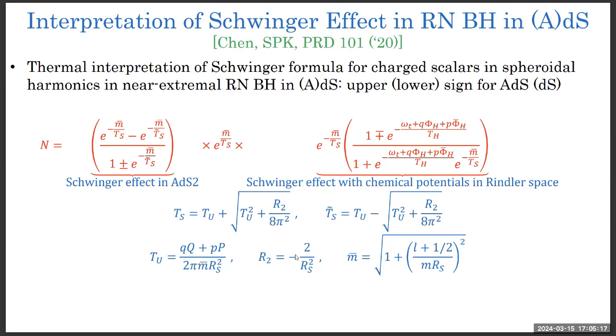Yeah, accelerated particle. But where is the observer? Infinity, a detector at infinity. Oh, this means that the charged particle emitted from the black hole horizon is actually measured by an observer at infinity.